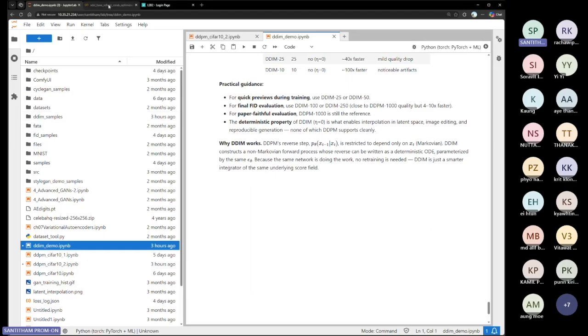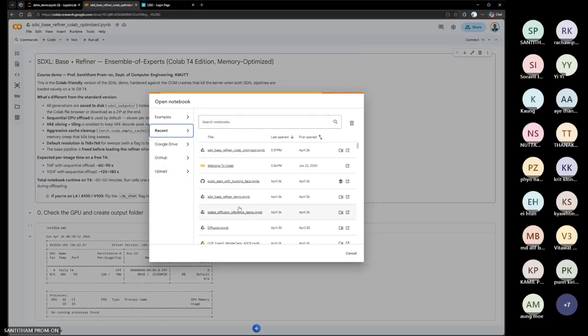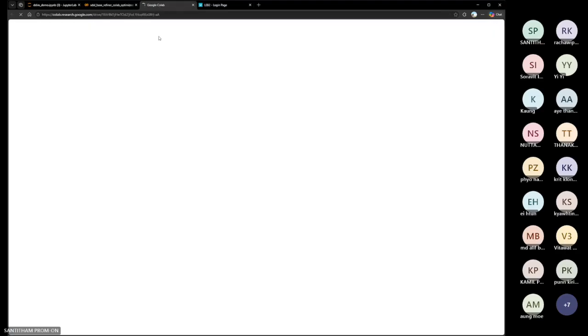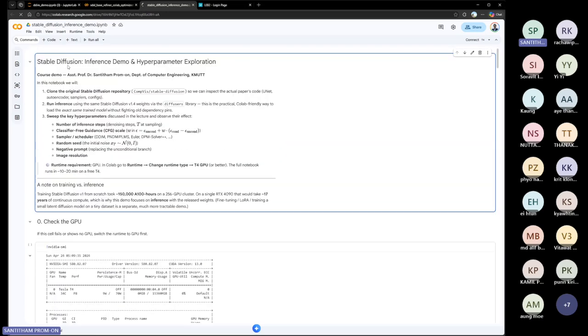I think I already have it. This is the SDXL example. Oh, here, Stable Diffusion inference. Okay, I already ran it.